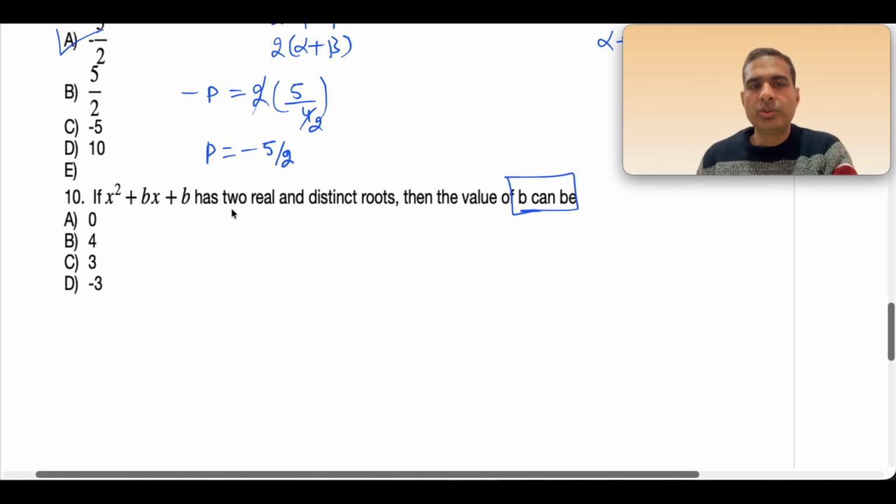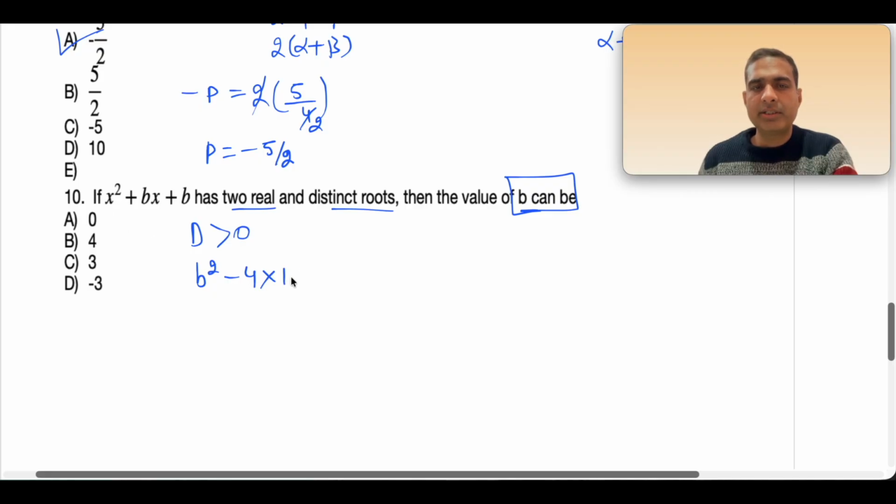It has two real and distinct roots. So we know a quadratic equation has two real and distinct roots if its discriminant is greater than 0. And what is discriminant? b square minus 4ac. What is b? b is the coefficient of x. So b square minus 4a, what is a?